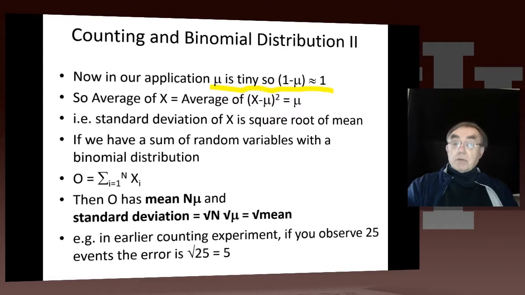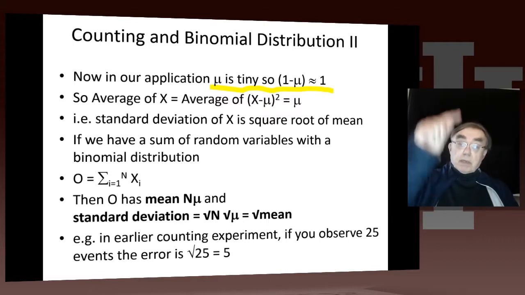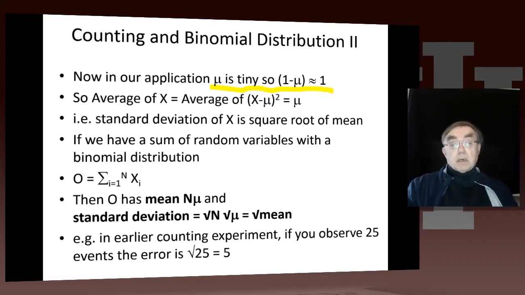Now if we do what we do with a histogram, which is to count the number of times we populate a particular bin, then we calculate the sum of the x's, and this thing called O, the number of points in the histogram, has a mean which is n times mu, and a standard deviation which is square root of n times the standard deviation of x, which is square root of mu. That's because it's the sum of n events, and so we always get a square root of n when we add them up.